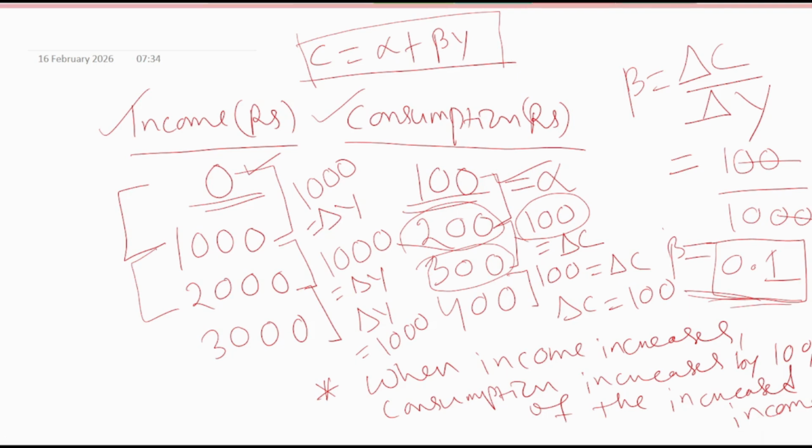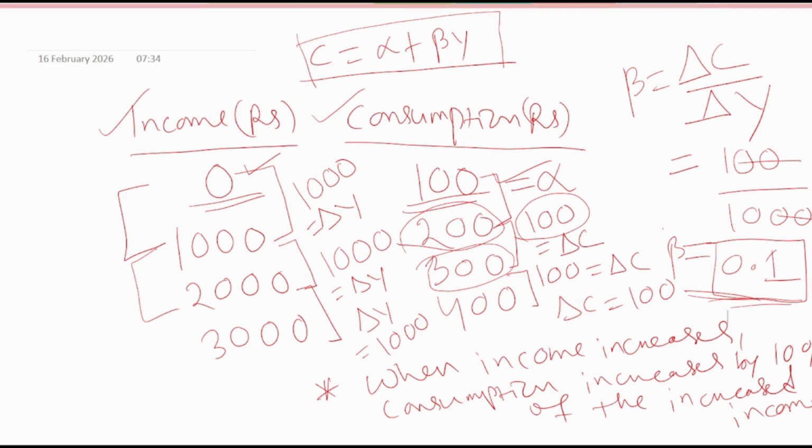Now using this mathematical equation and the estimated values of alpha and beta, where the estimated value of alpha is equal to 100 and the estimated value of beta is equal to 0.1, or 10%, we can estimate the value of consumption for any value of income.